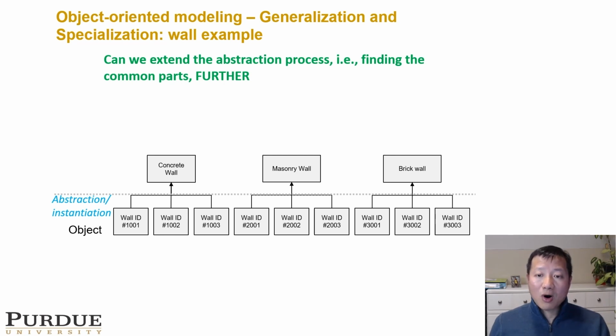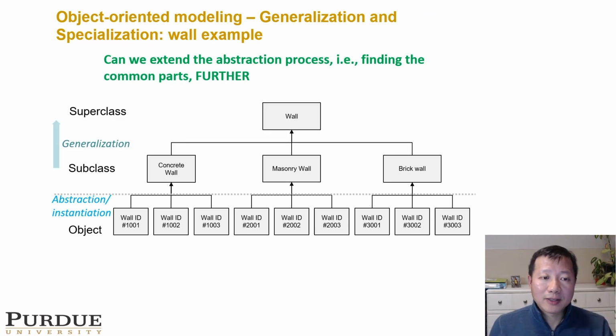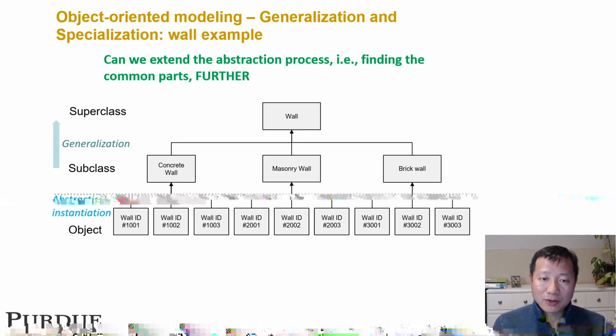Now, concrete wall, masonry wall, and brick wall, they are all walls, right? The common point tells me that they can be further grouped together and given the name called wall.